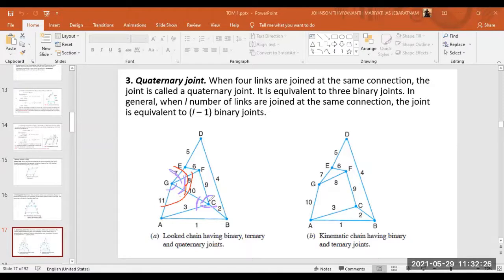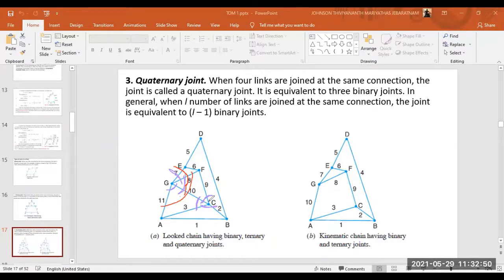And for binary joints, there is a common equation: L minus 1 binary joints. If L is the number of links joined, then if 4 links are joined, that is a quaternary joint. If 3 links are joined, that is a ternary joint, right? If L links are joined at the connection, the joint is equal to L minus 1 binary joints, right?